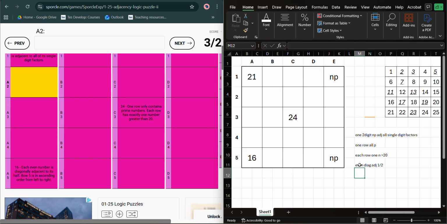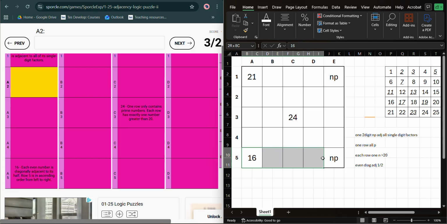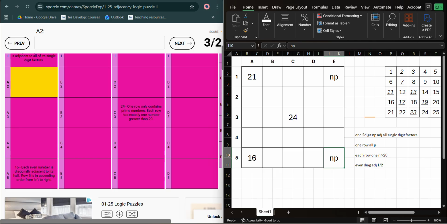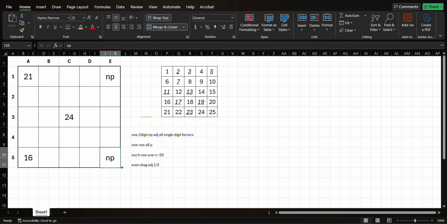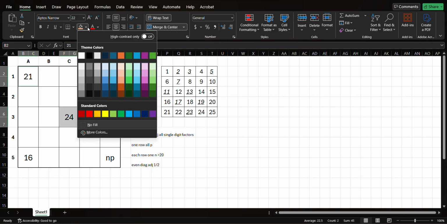Row 5 is in ascending order from left to right, so it's getting bigger. So 16, then something bigger than 16, etc., all the way up to this last one. Great, okay. Now we know that this number here, well, we got to have something bigger than 20. So these 5 numbers, 21, 22, 23, 24, 25, in 1 row each.